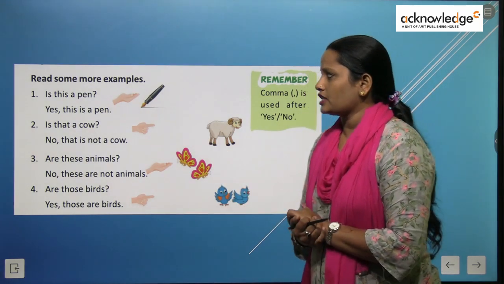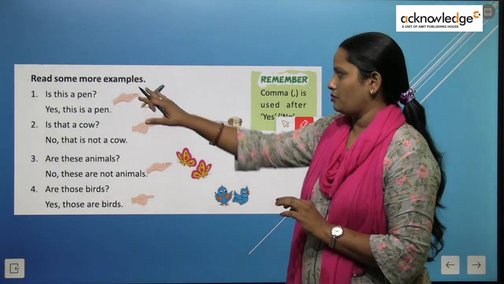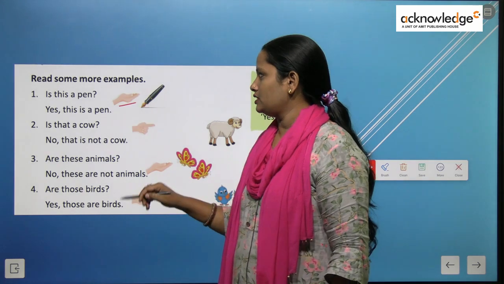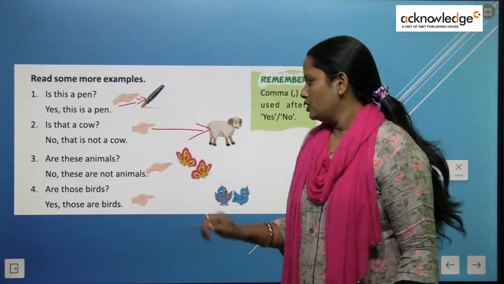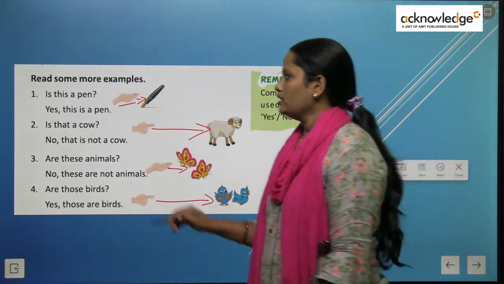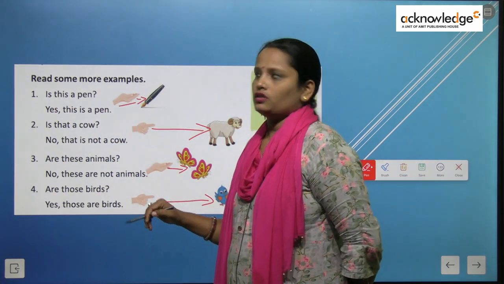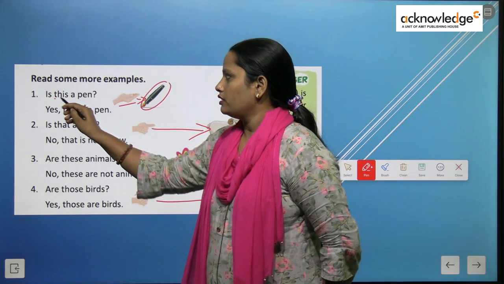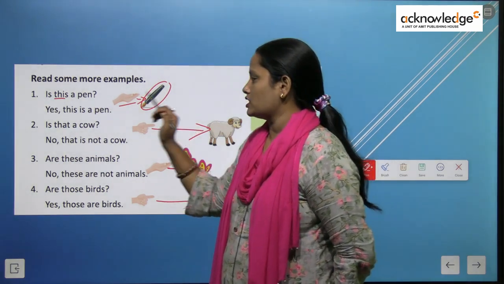Some more examples are given here. Again we can see the hands. This hand means something that is very near, and this hand means something that is very far. Near and far. So what is the question? Is this a pen? If something is near and it is one, we use this. We start our question with is, because there is only one pen.